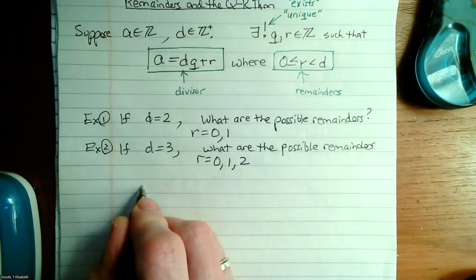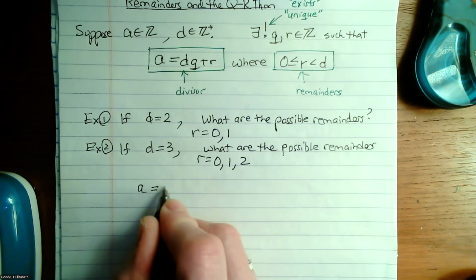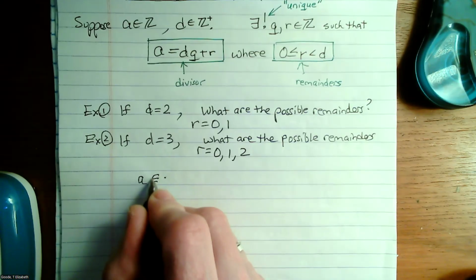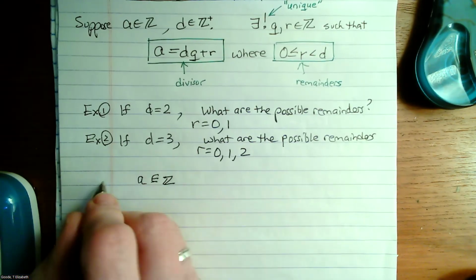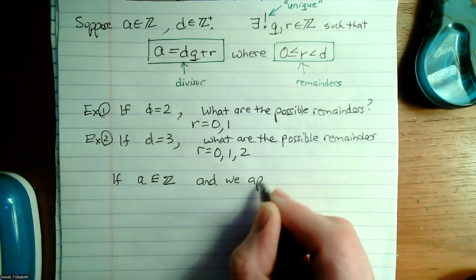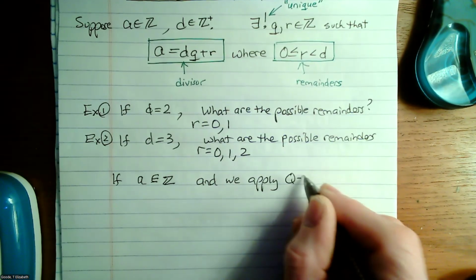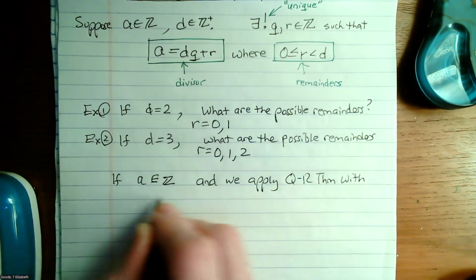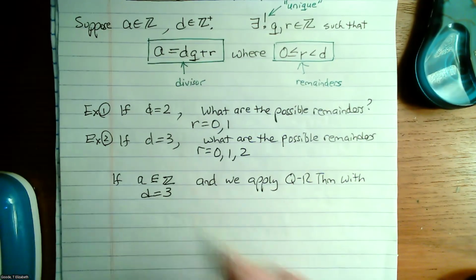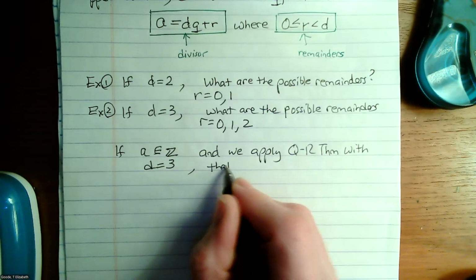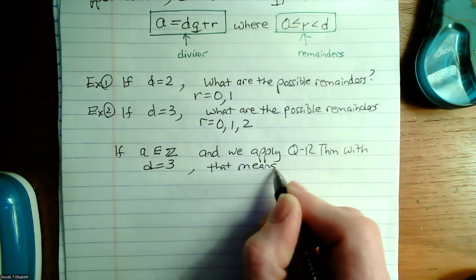If we know that A is an integer, and we apply the Q-R theorem with D equals 3, that means there are 3 different possibilities.